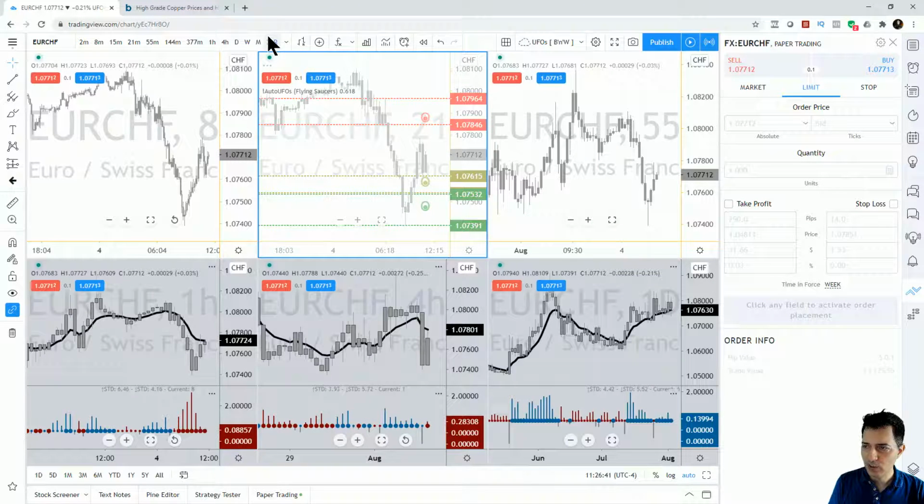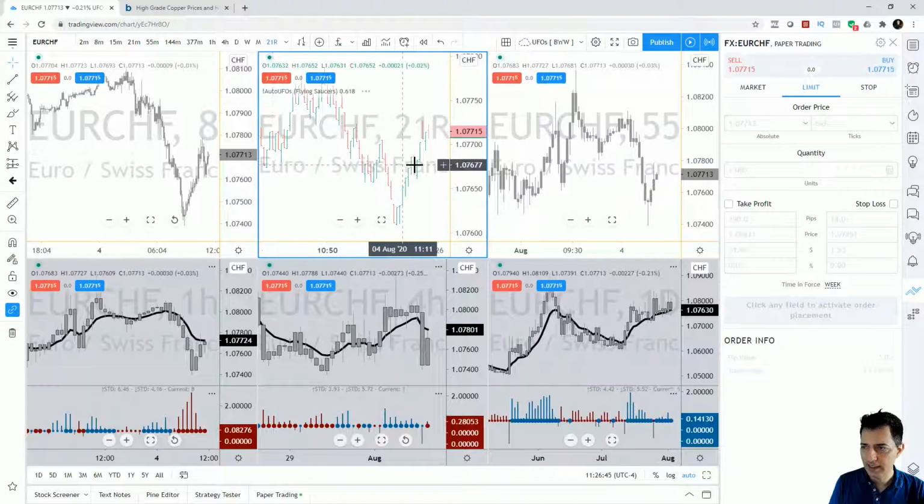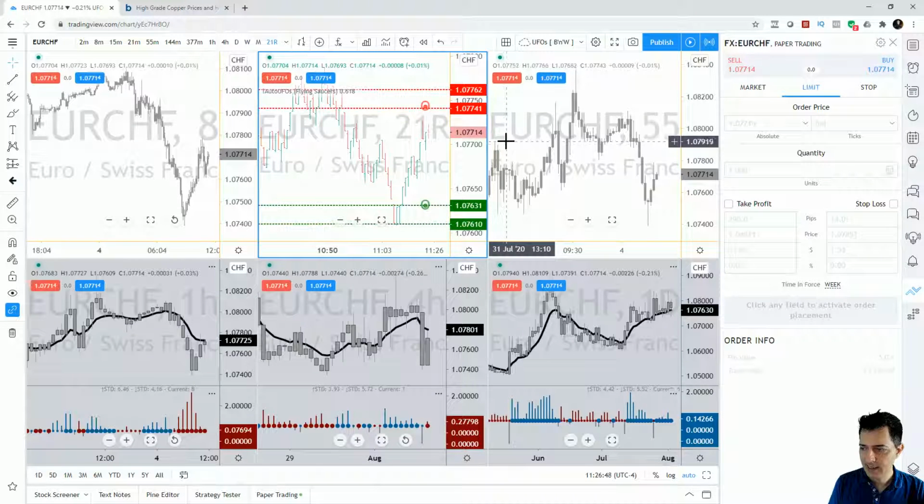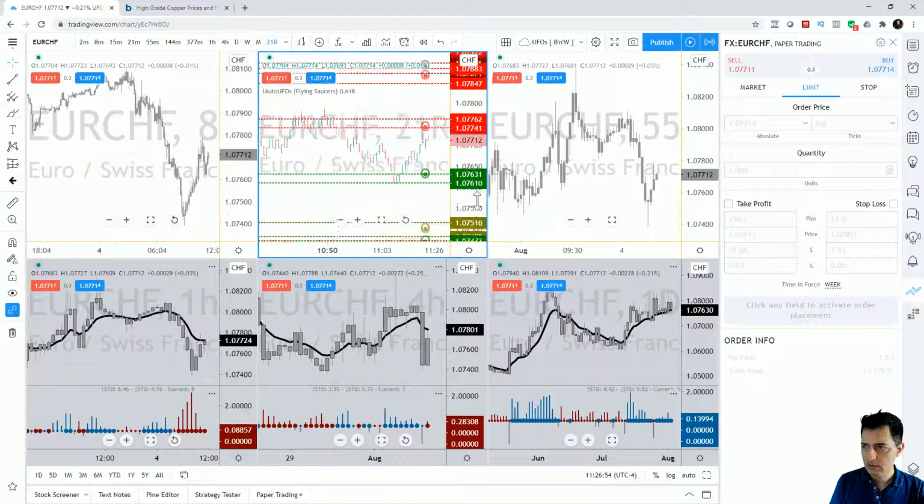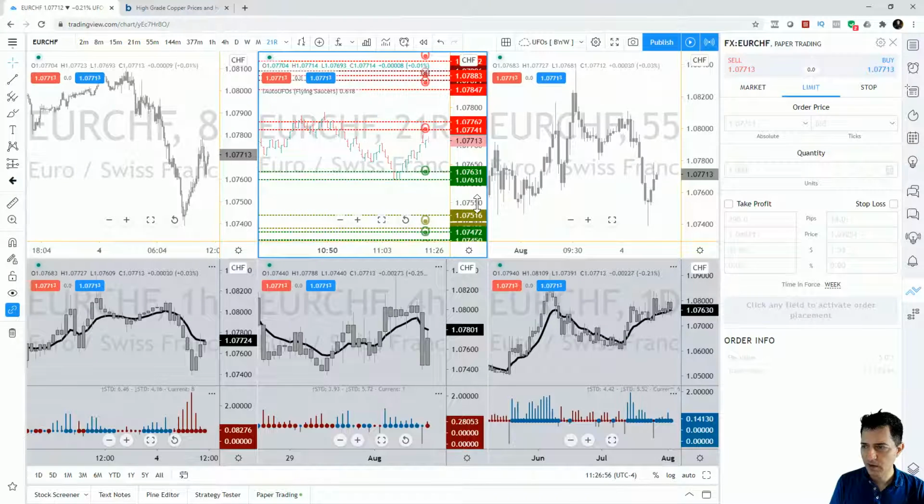So let's check 21 range. Did I click? Okay, now I clicked. So that one is below 74, and the other one is above 84.